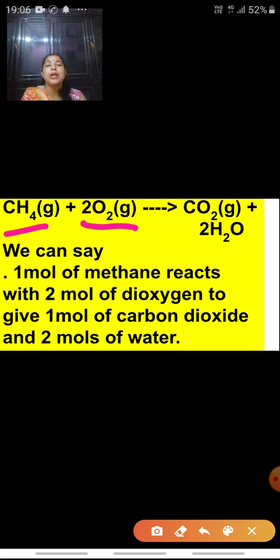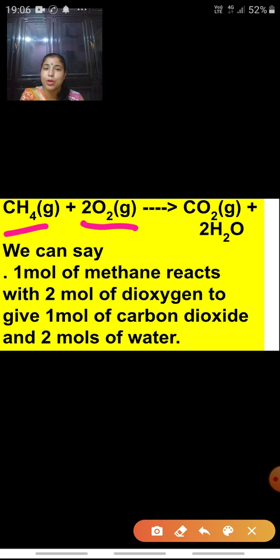Yes, very good. Now see children, when we were doing the mole concept, I told you that 1 mole of any compound is equal to its gram molecular mass if we are talking about a compound. If we are talking about a simple element like oxygen, it is equal to the gram atomic mass.